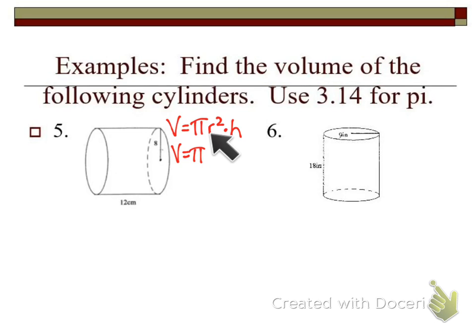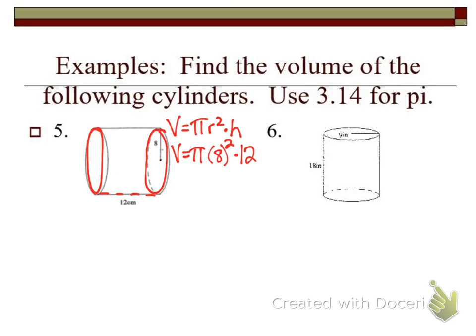What is my r, or my radius? 8. So the radius always gets squared times the height is 12. Remember, the height is still the distance between your bases. If your bases are the circles, the distance between them is that 12.